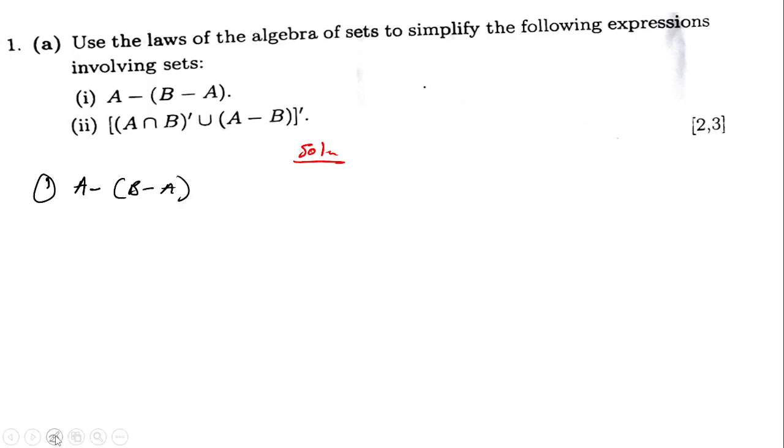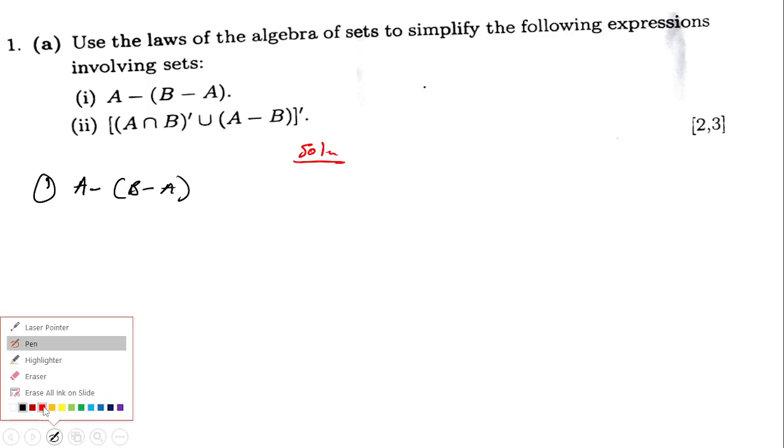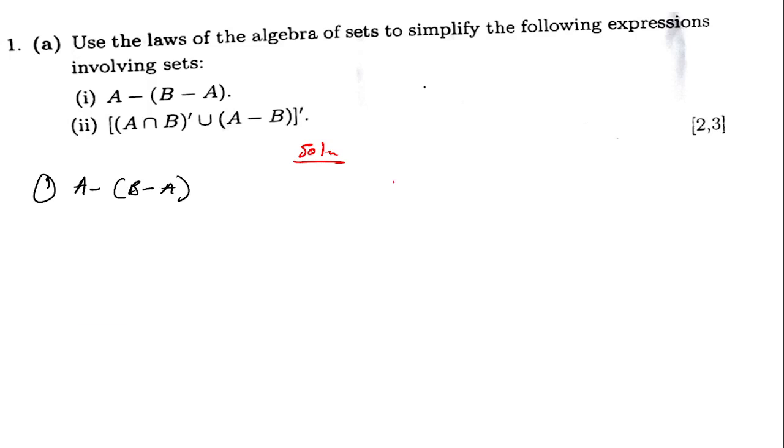According to the rules of algebra of sets, an expression written as A minus B is the same as A intersection B complement.